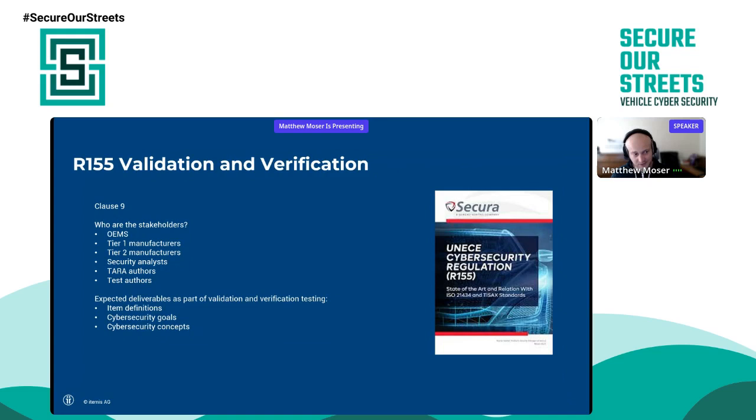So there is a wide array of stakeholders that have interest in providing accurate and fully detailed information. These include OEMs, tier 1 and tier 2 manufacturers, the security analysts, the TARA authors themselves, as well as the test authors.